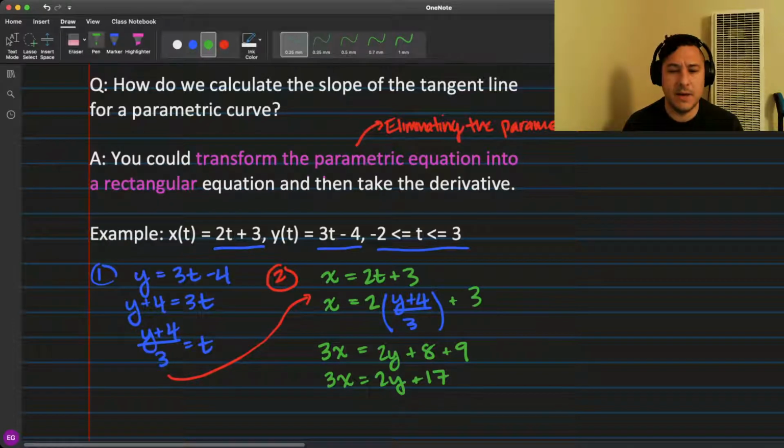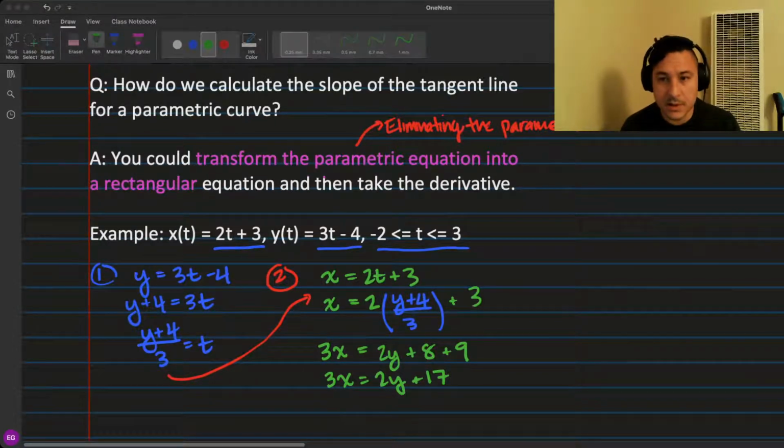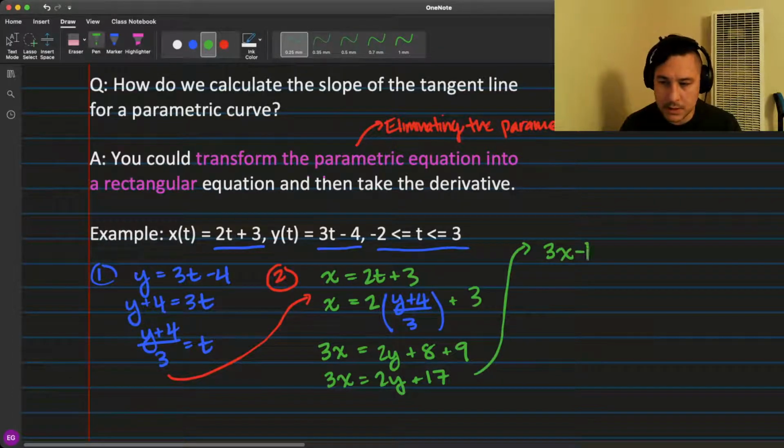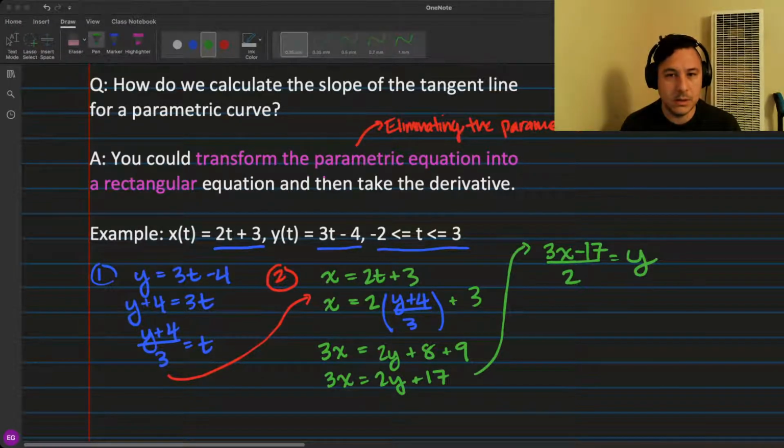Cool, let's solve for y. So y equals (3x minus 17) divided by 2. Cool, so now we have a y equation.